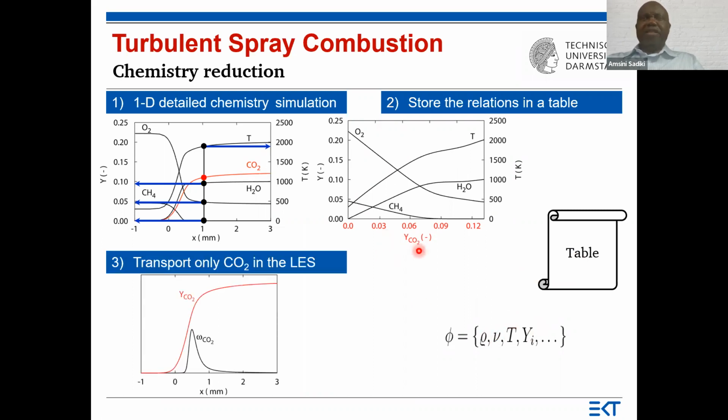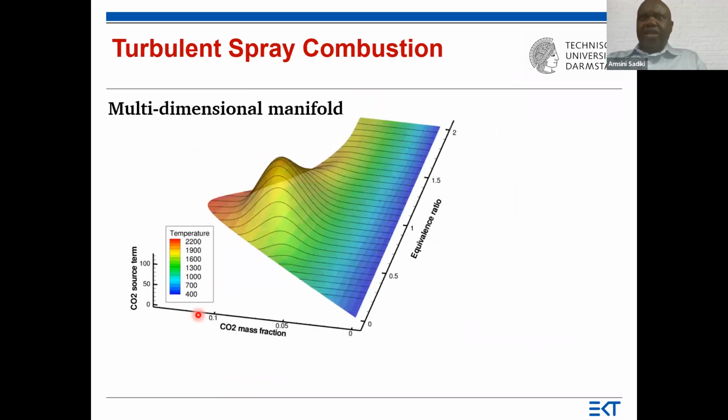And this is obtained by this storage, and also obtained with a transport equation, and this is called the progress variable. And this progress variable is then followed. Here is only an idea of this map.